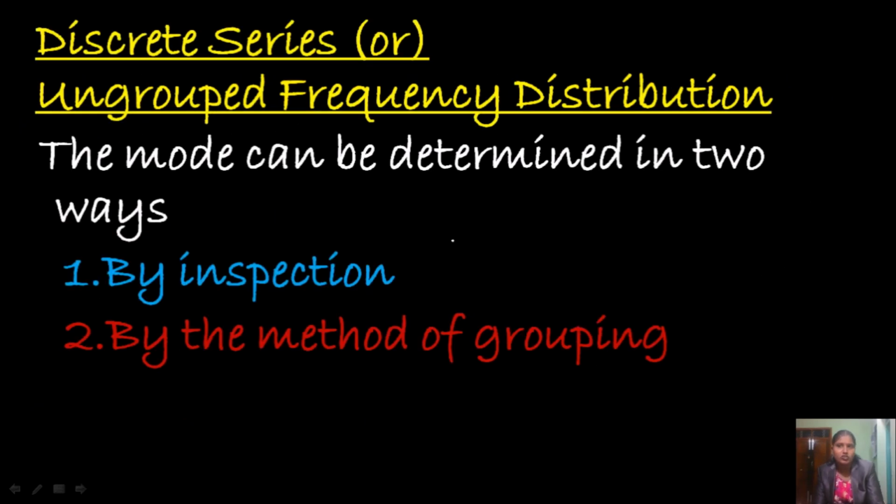Let's now move on to how to calculate mode for discrete series or ungrouped frequency distribution. Here the mode can be determined in 2 ways, that is by inspection and by the method of grouping and analysis table.